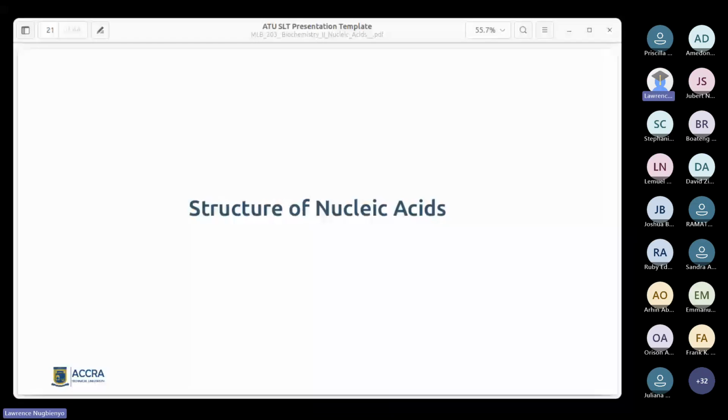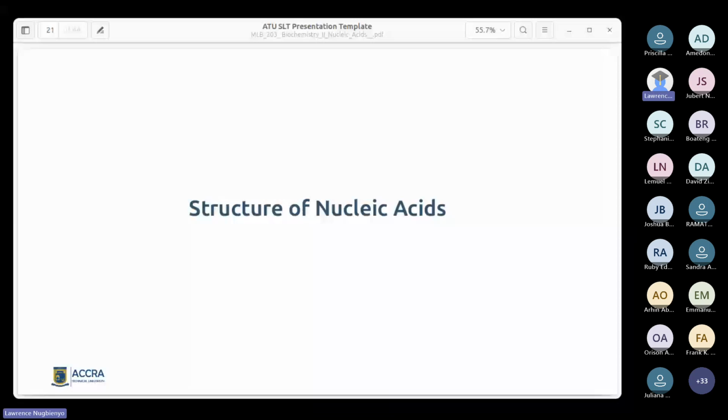We started to look at the structure of nucleic acids, and particularly we were looking at the structure of the monomers of nucleic acids, which are the nucleotides.